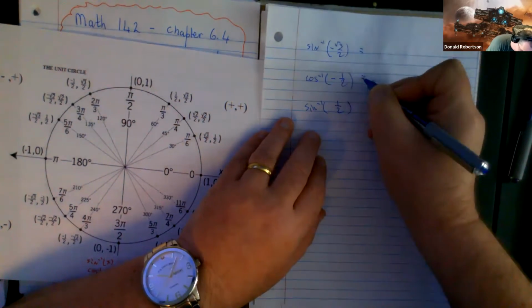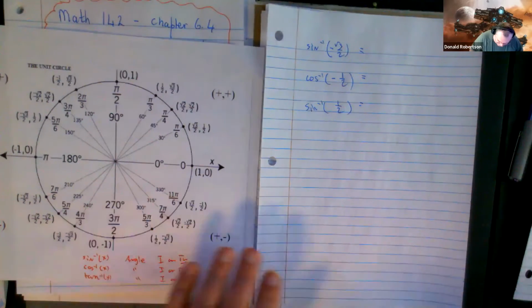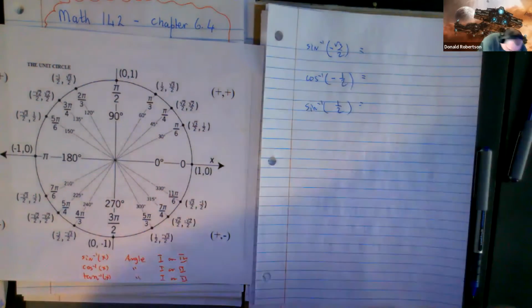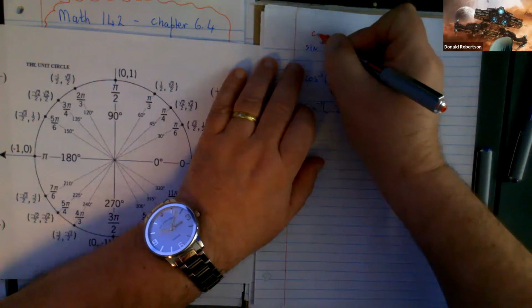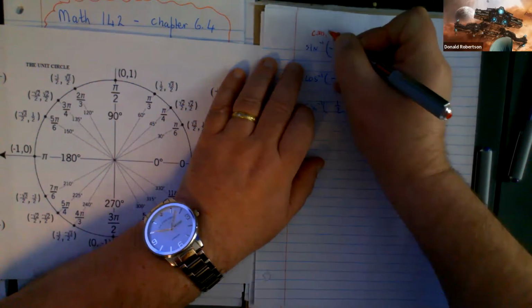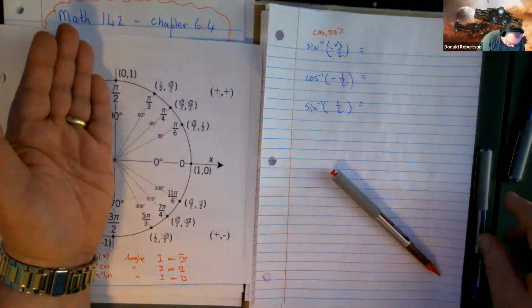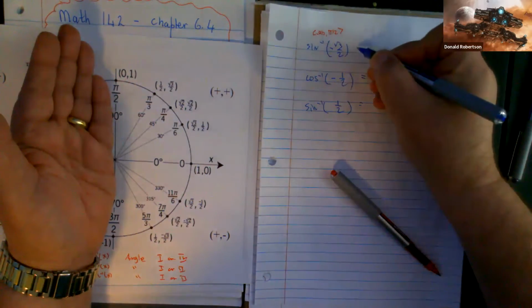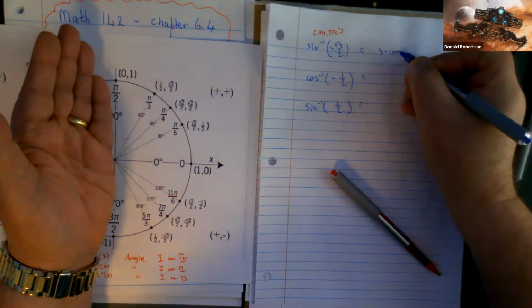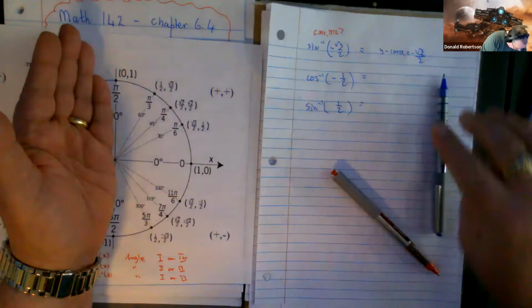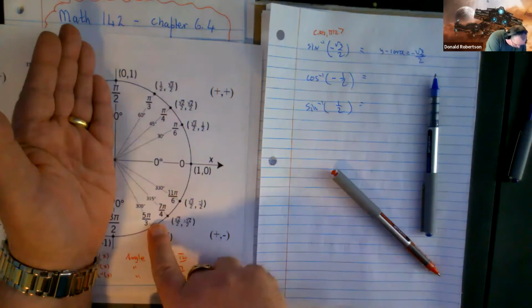So there's 3 more guys. Now, when you're doing a sine, your answer is going to be in that range. So I'm going to look at these 2 guys. I'm going to look for a y coordinate that looks like that. And that is this one here.